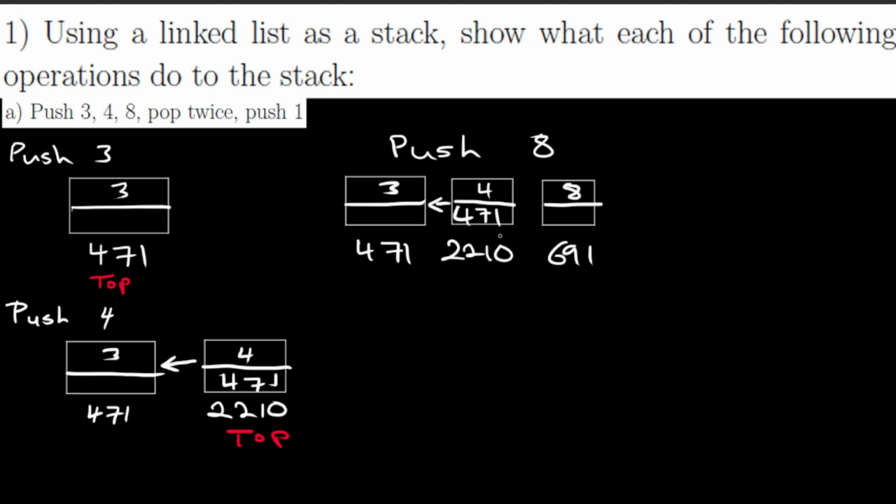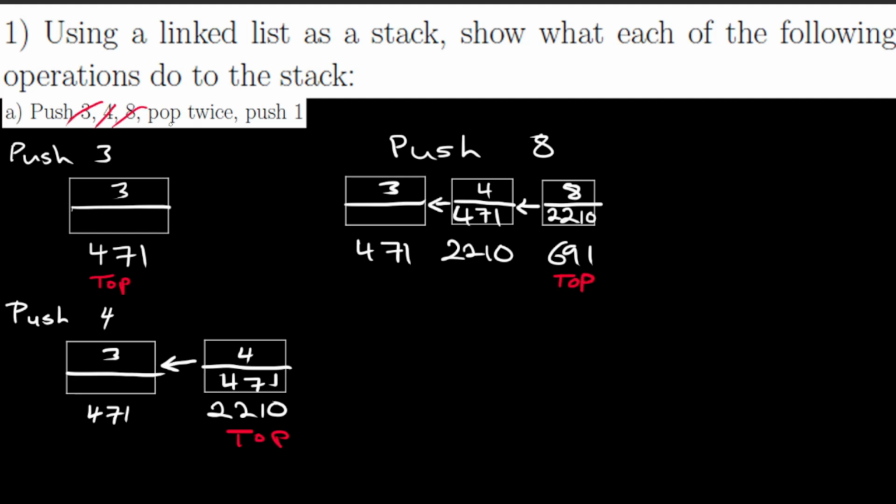So to add to the top, you need to have it point to the previous top. So we're going to have 8 reference the 2210, and that will create a pointer which will effectively link our new data into the stack. And we change the label to where we have our new top here. So we've pushed 3, we've pushed 4, we've pushed 8.